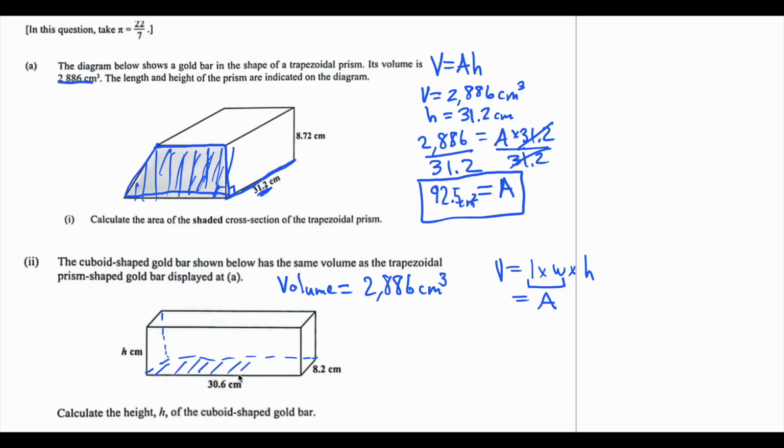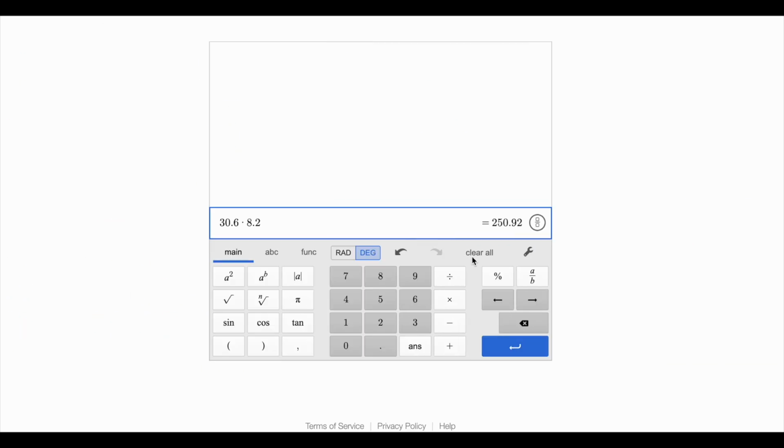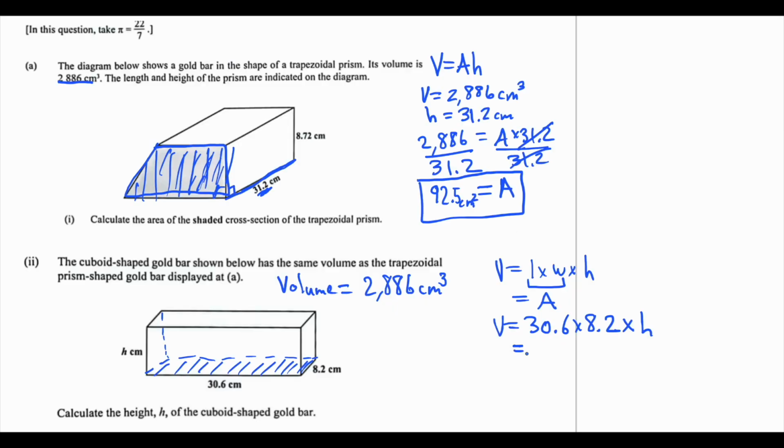So this part here, 30.6 times 8.2, would give us the area, and then we multiply it by the height, which we don't know. If I simplify this, 30.6 times 8.2 is 250.92. So 250.92 H, and this multiplied by H gives me 2,886.